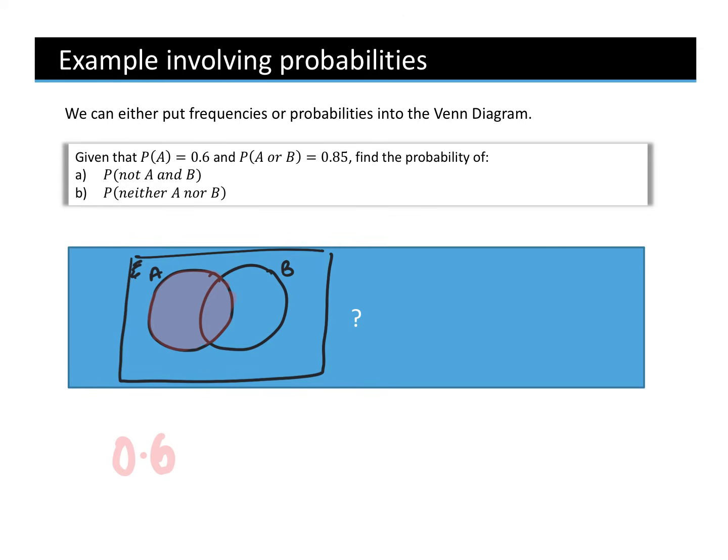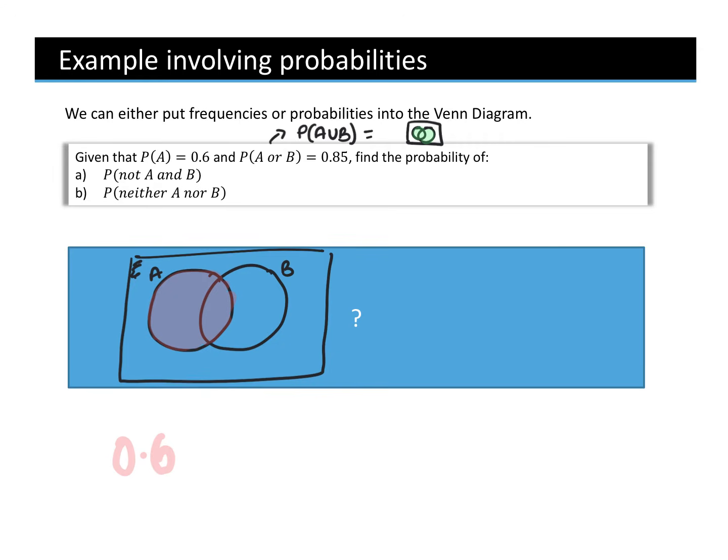It then says the probability of A or B. Now, A or B means the union. So the probability of A or B is the probability of A union B, which we know, if we're looking for the probability of the union of A and B, A or B, we're looking for this whole thing, aren't we?